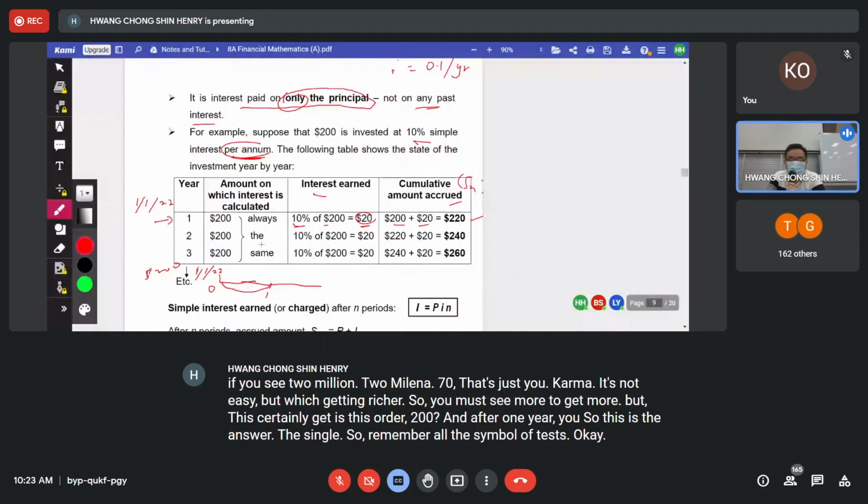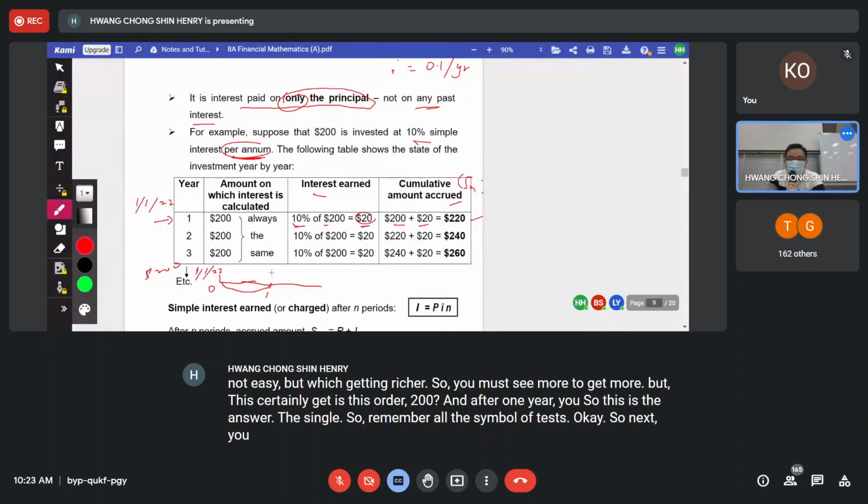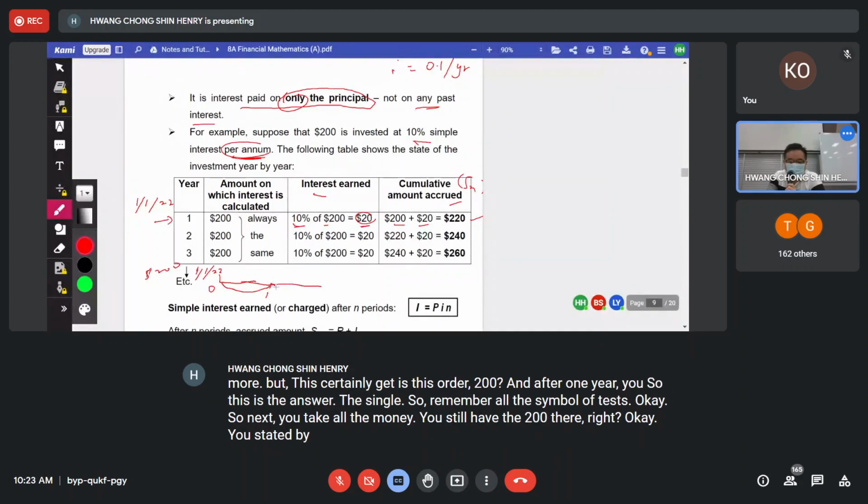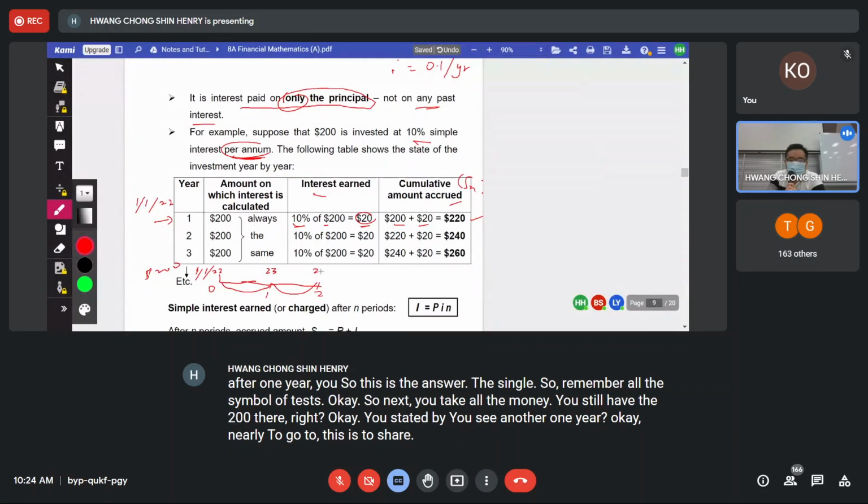So next, you don't take out the money. You still have the 200 there, right? You stay with the bank. You save another 1 year. Second year already. Here, the bank is very smart.